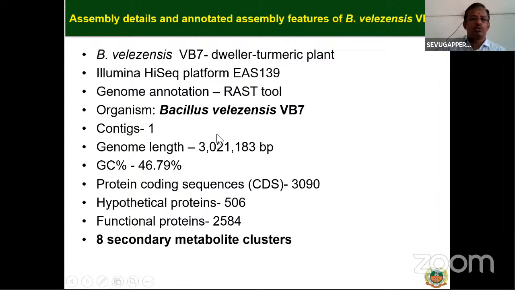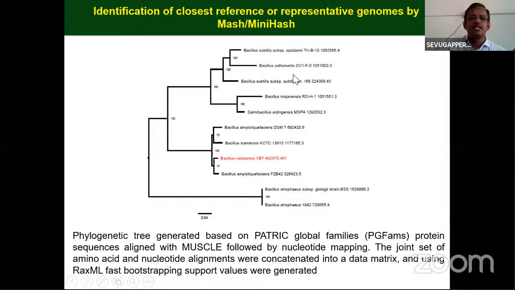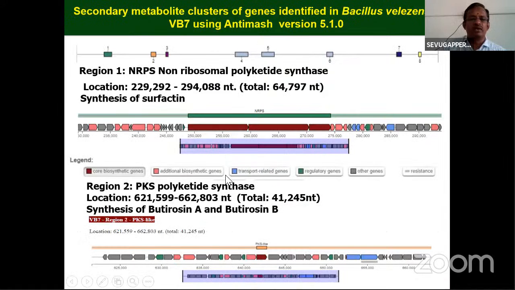Genome annotation was done through the RAST tool; there was 1 contig, the genome length was 3 Mb, with 3090 protein coding sequences, 506 hypothetical proteins, and 2584 functional proteins, with 8 secondary metabolite clusters. When compared, it was identified as Bacillus velezensis.